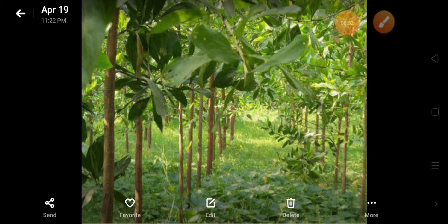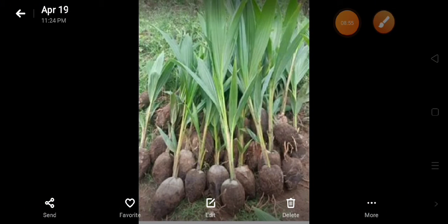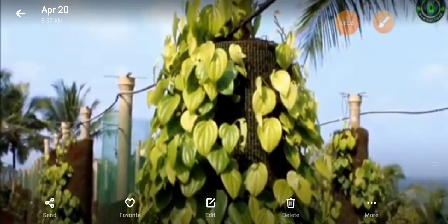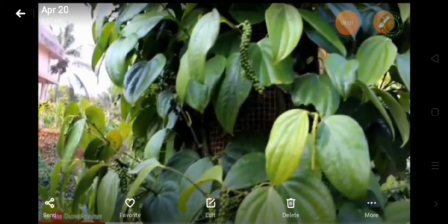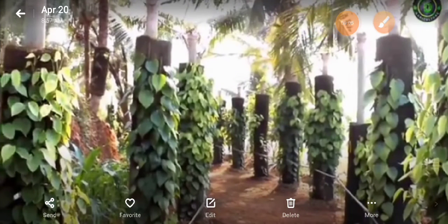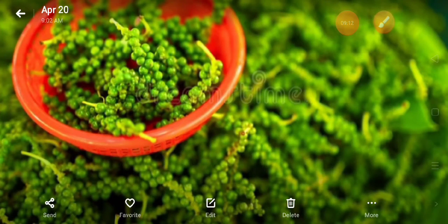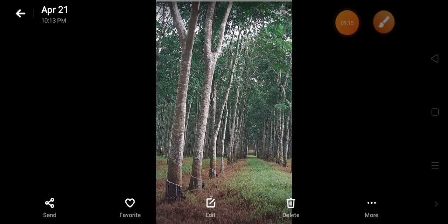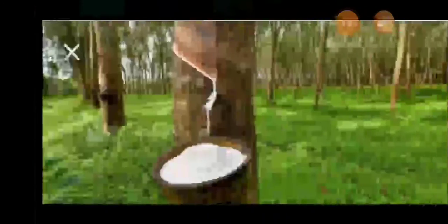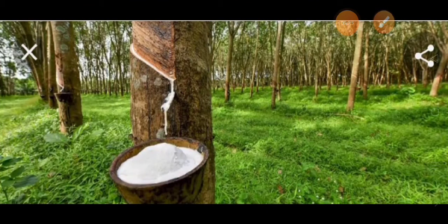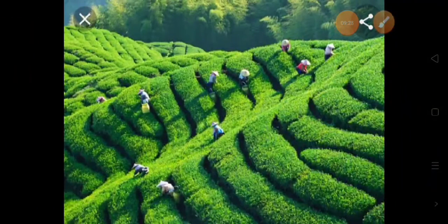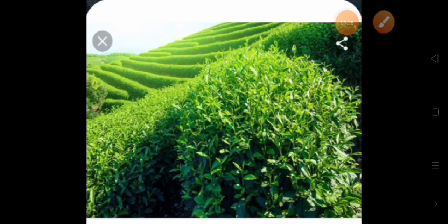Teak, then coconut, pepper, rubber trees, then tea plants, we can see these tea plants also in hot and damp areas.